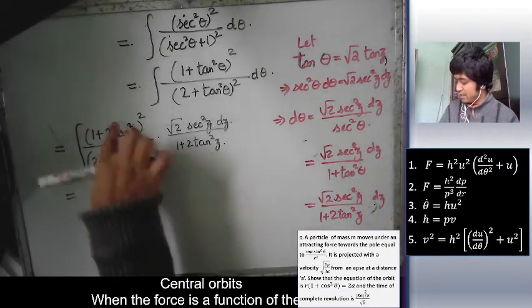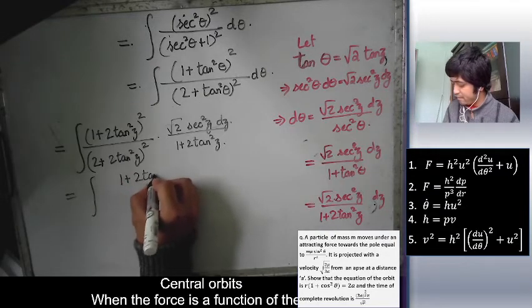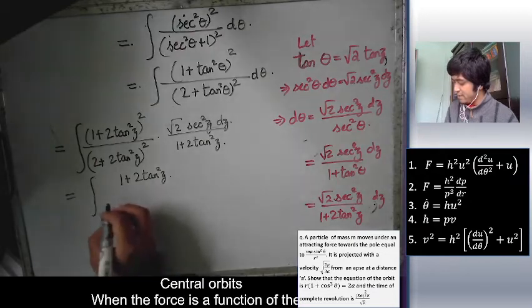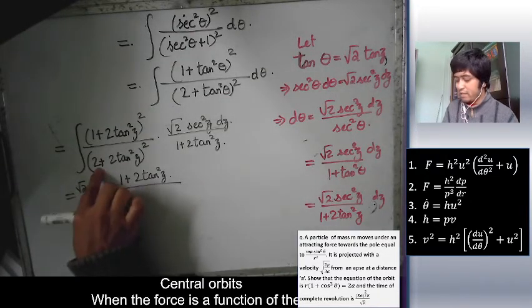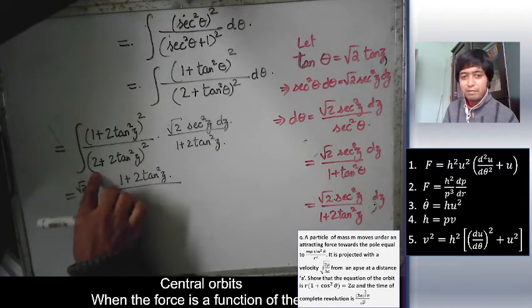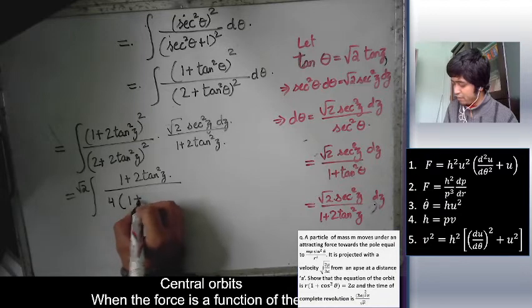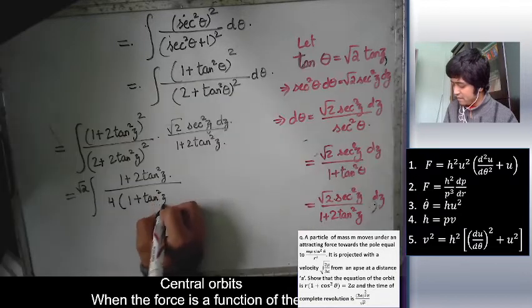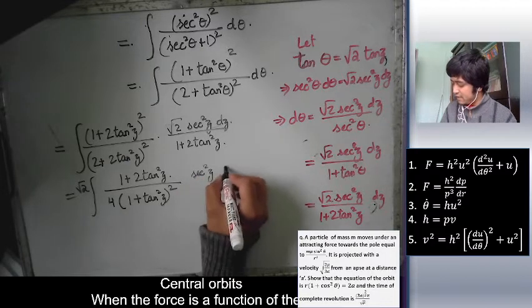So this one and this one will get cancelled, one of them. So we'll be left with this, and root 2 you can take it outside. Over here you can take common 2. If you take common 2, it will be 2 squares, so you will be getting 4. So you will be having 1 plus tan square z whole thing square sec square z dz.